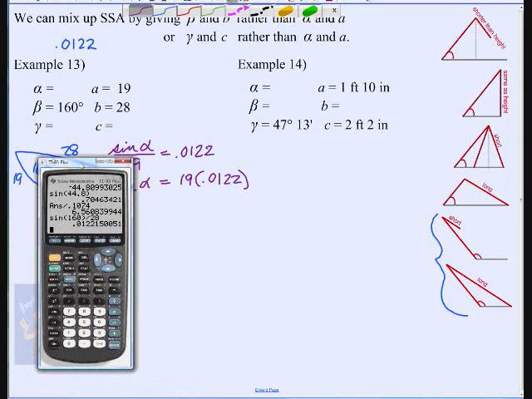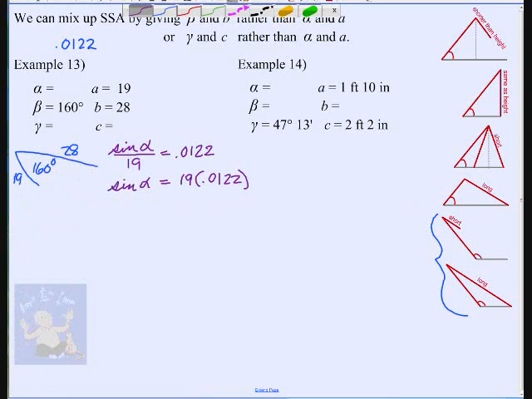Okay? So let's multiply that by 19, and that gives us the sine of alpha, 0.2321. Agreed?